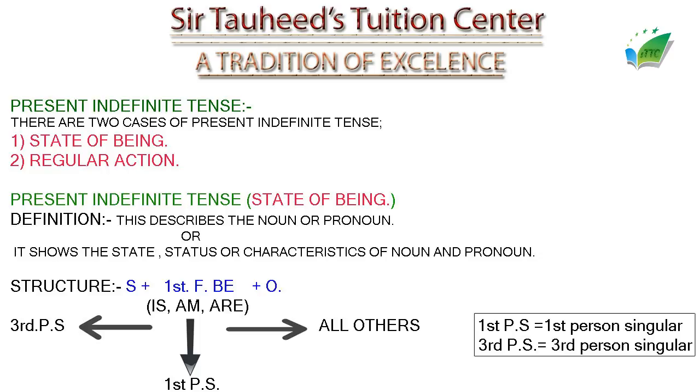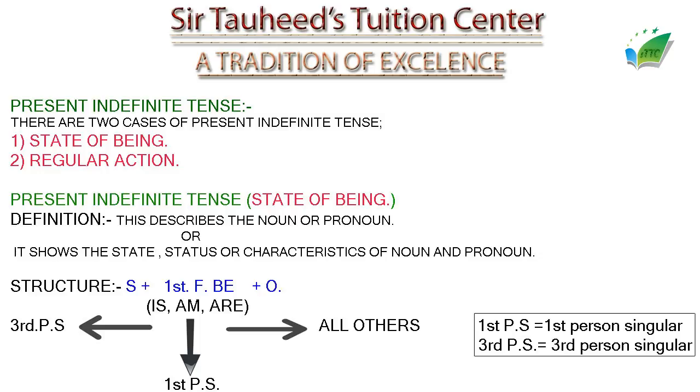Is is always used when the subject is third person singular. If you see the subject, which is third person singular like he, she, it, or a singular noun, you have to use is. But if the subject is first person singular, that is I, then you will have to use am.